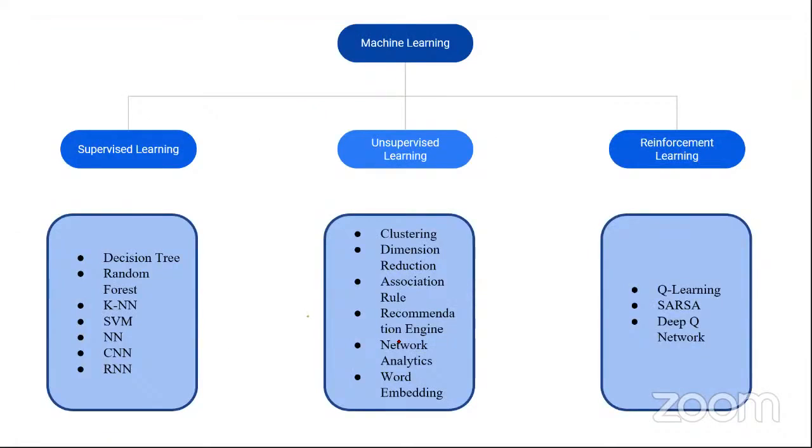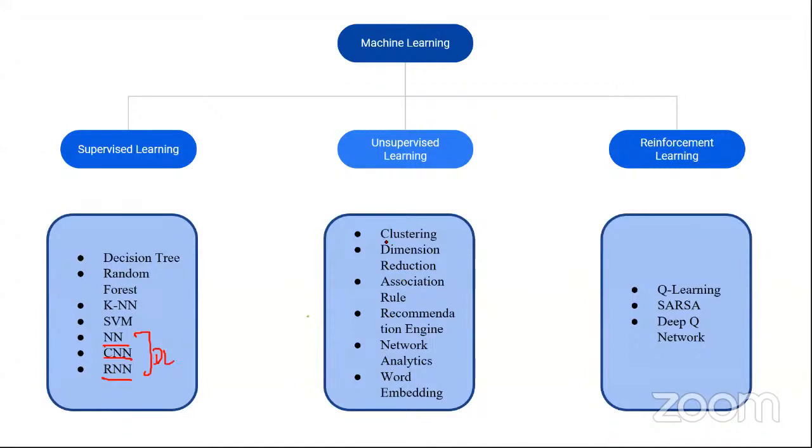These are the different supervised, unsupervised, and reinforcement learning algorithms. In supervised: regression algorithms, decision tree, random forest, KNN, SVM, neural network, convolutional neural network, recurrent neural network, and this is what is known as deep learning.